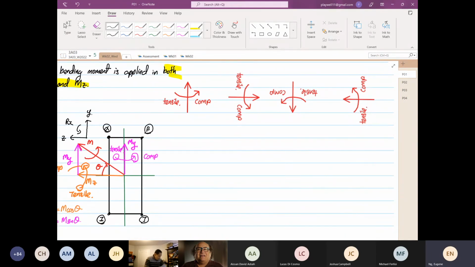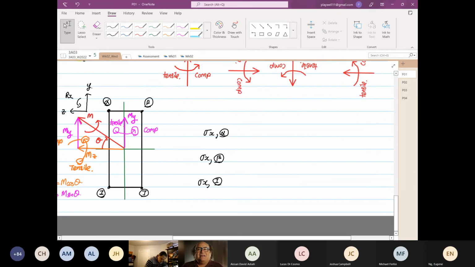Now we are going to find stress X at point alpha, stress X at point beta, stress X at point I, and stress X at point J. So let's look at the moment.